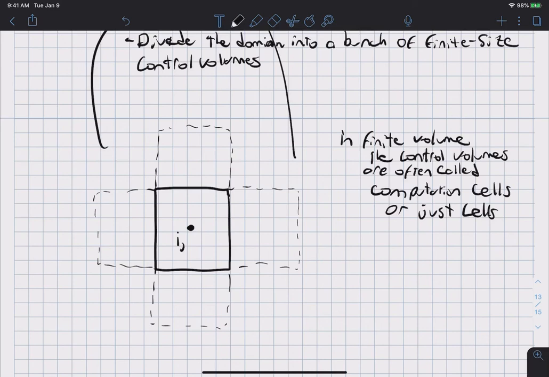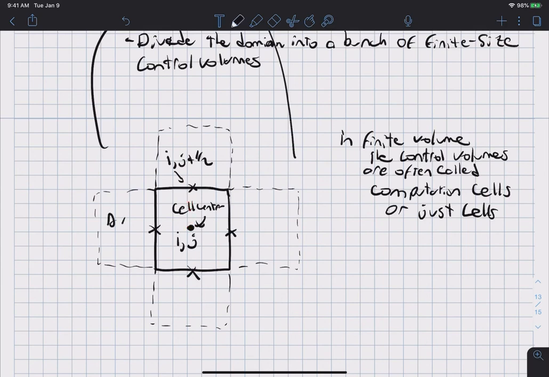So i is an indicator of the x position of the cell, and j is an indicator of the y position of the cell. Okay, and so this would be the cell center right there. Then we also define points on the midpoints of the edge of each computational cell. This would be point i, j+1/2, because we are going up by a distance of 1/2.